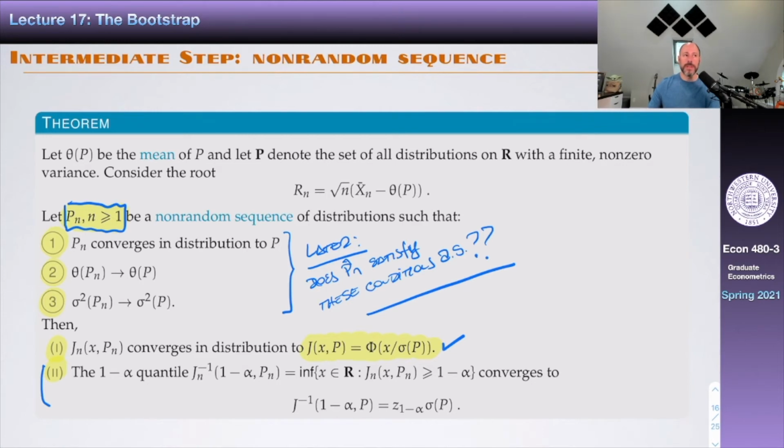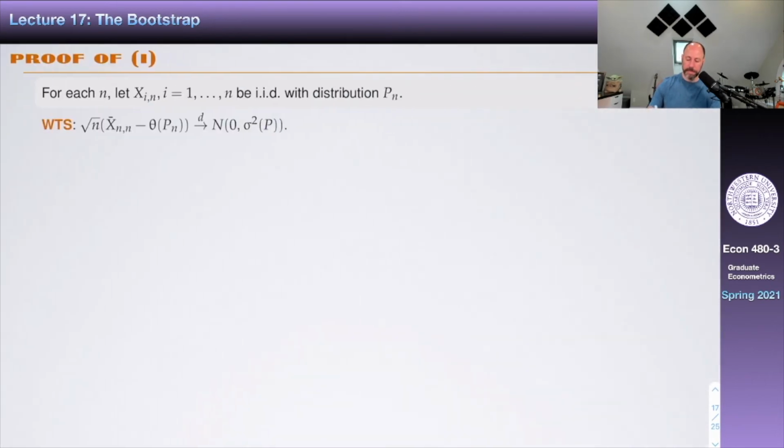All right, so we're going to prove one. I wrote here for each n, using double index notation, X_in, where each observation is going to have distribution Pn. So we have what we call a triangular array.